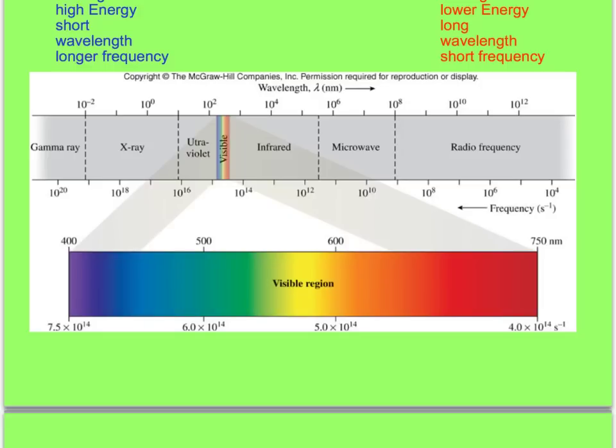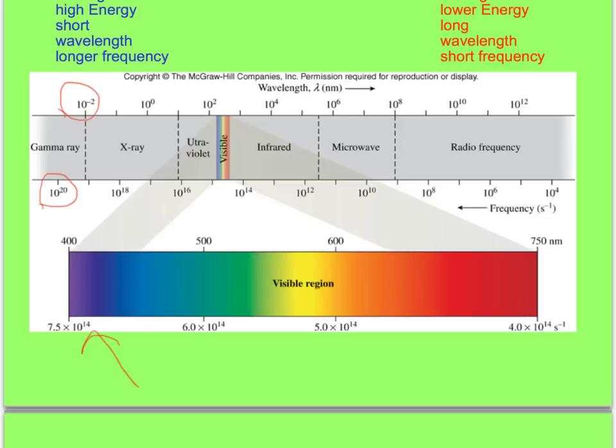Okay, and here's another picture of it, and we're looking at the two different sides. Blue light is going to have high energy over here on this side, and if you look, it has a very short wavelength, 10 to the negative 2, which is 0.001, and a long frequency, 10 to the 20th power.